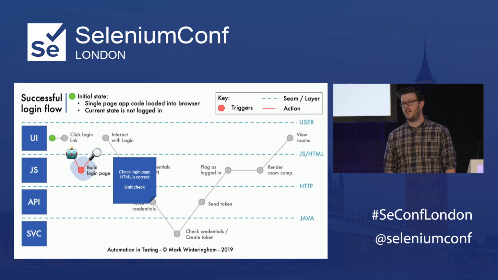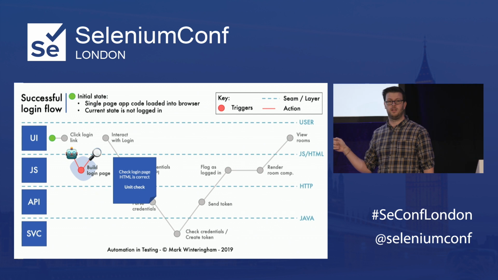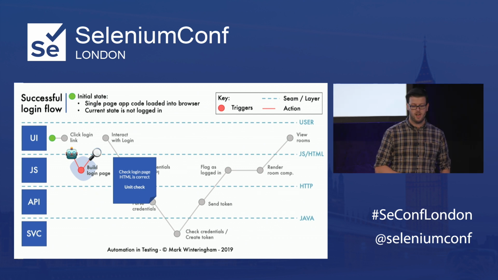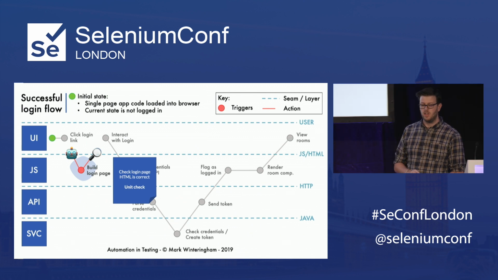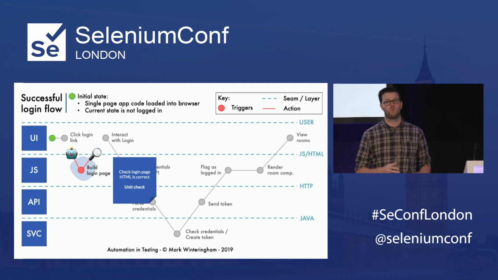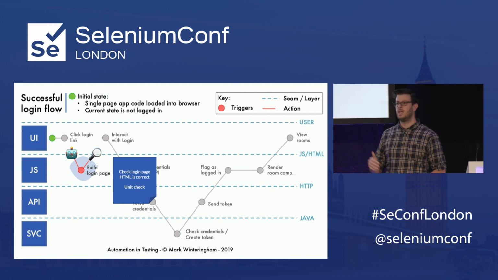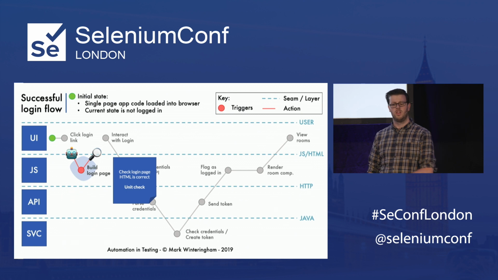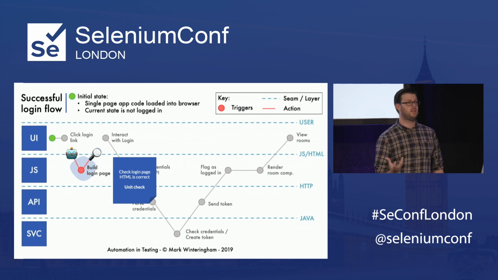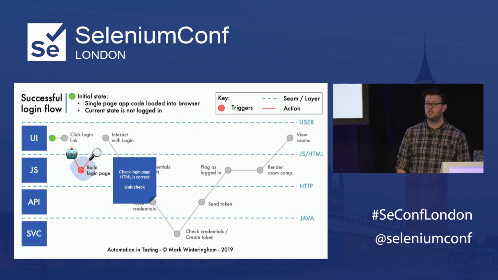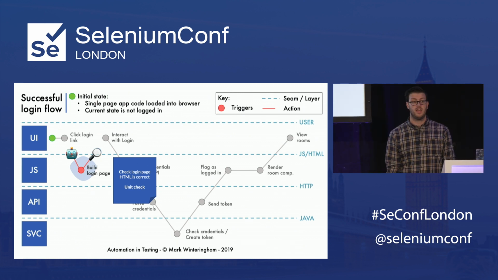So if I'd had time, I would have loved to have put that accessibility example in here about how it would work in the wider strategy. But for now, my risk is that I just want to check the login HTML is correct. So when we were looking at it on the render level, we had complexity around not just the HTML, but the styling as well. Whereas this time, I'm just asking, is the semantic structure of the HTML correct? So this is a unit check, but this is something that's done in the UI layer.